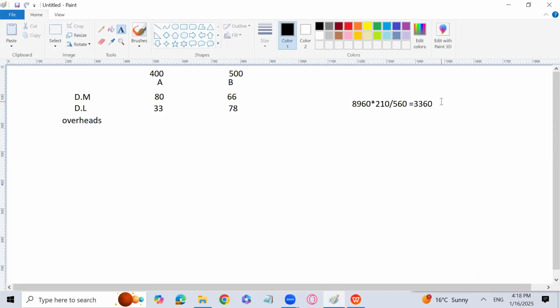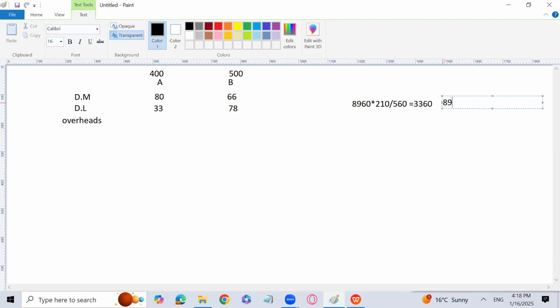Then 8960 multiplied by 350 divided by 560, right? 6272.